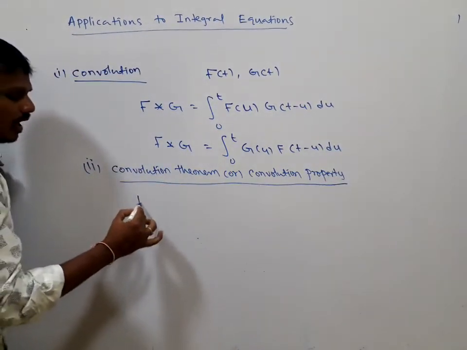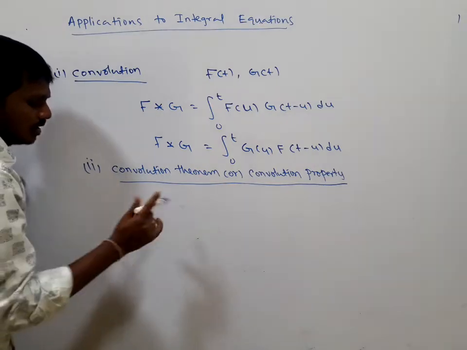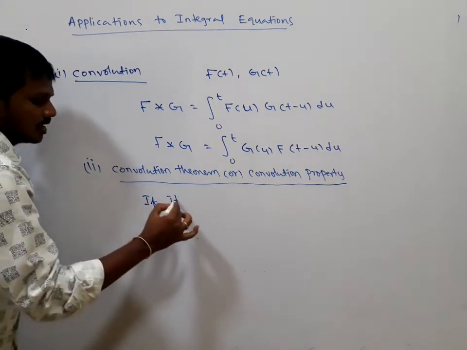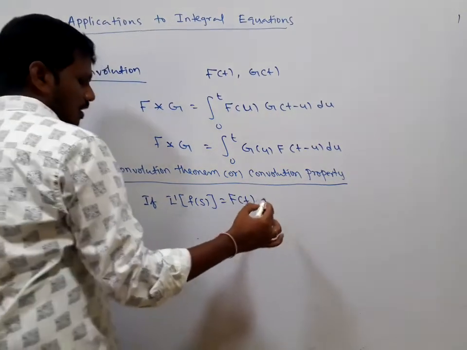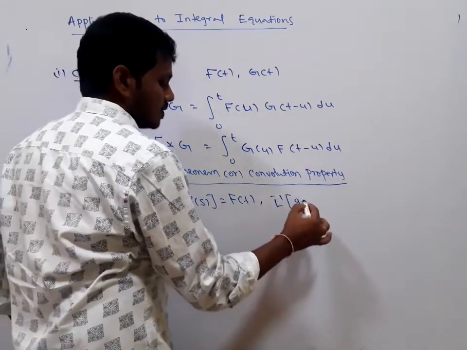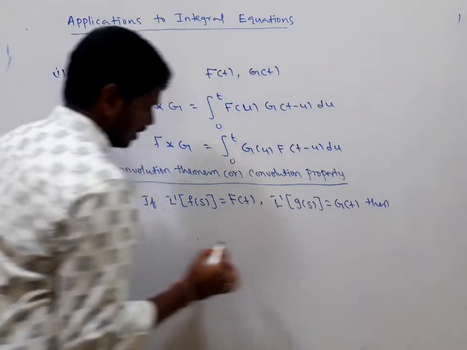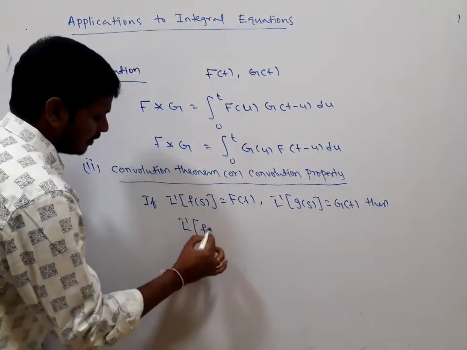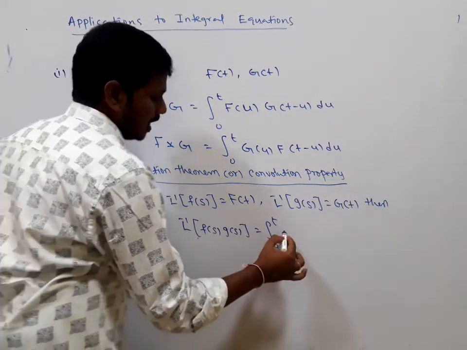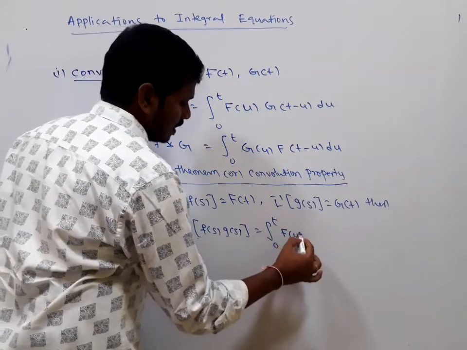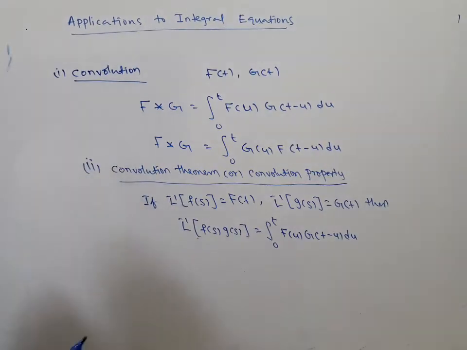You know that if the inverse Laplace transform of f of s is equal to f of t, and the inverse Laplace transform of g of s is equal to g of t, then the inverse Laplace transform of f of s into g of s is equal to the integral from 0 to t of f of u g of t minus u du.